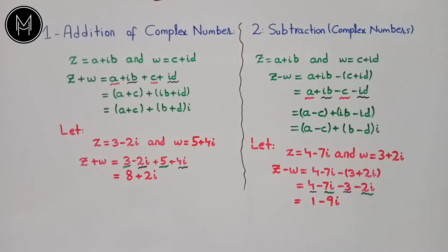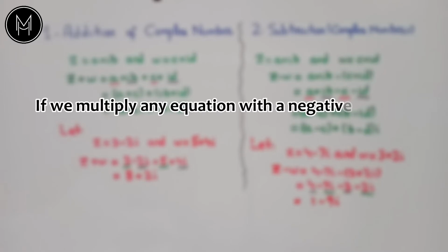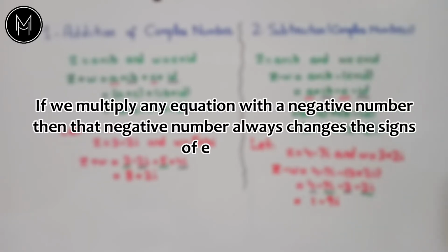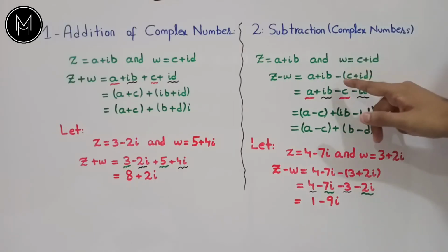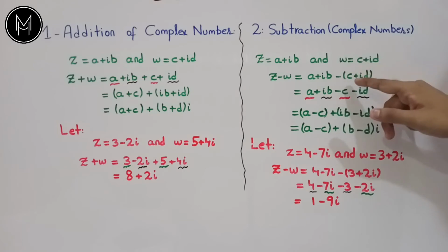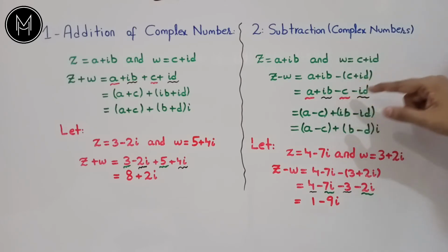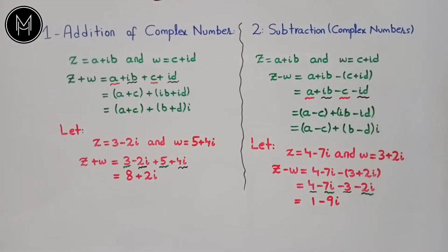Now we should know, if we multiply any equation with a negative number, then that negative number always changes the signs of the equation. So before the multiplication with a negative number, the complex number is positive c, positive id. After the multiplication with the negative number, this complex number would be negative c and negative id, negative real part, negative imaginary part.